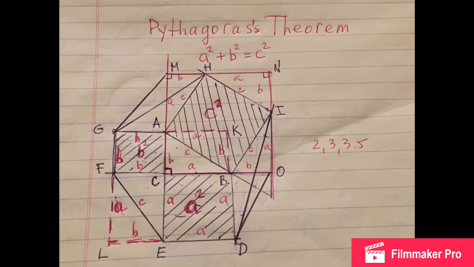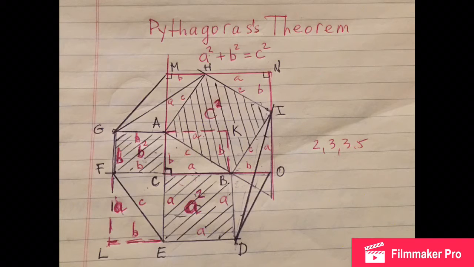We are going to prove in this video that a squared plus b squared equals c squared.